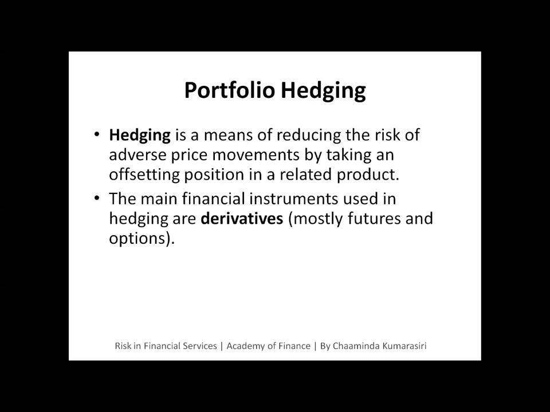Derivatives are instruments that have an underlying asset but have a separate or independent existence. They help to manage the risk of investments. For example, derivatives like futures and options.